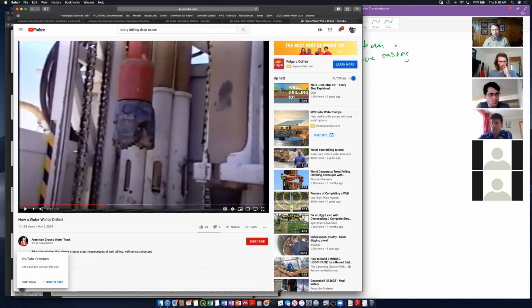Another important part of this system is that you have to circulate a fluid to bring the chips back up to the surface. The drilling stem is hollow, and we use 3 different fluids to bring all the rock that's broken up by this thing back to the surface.